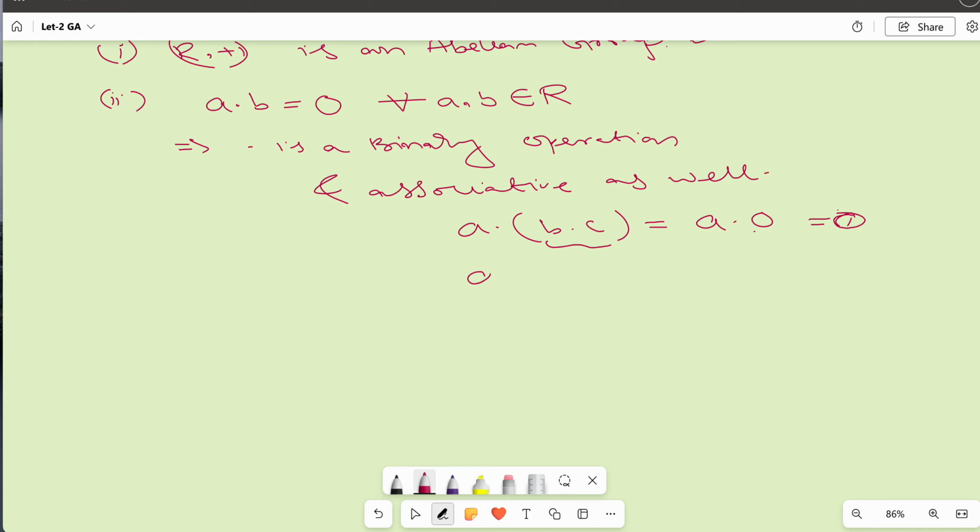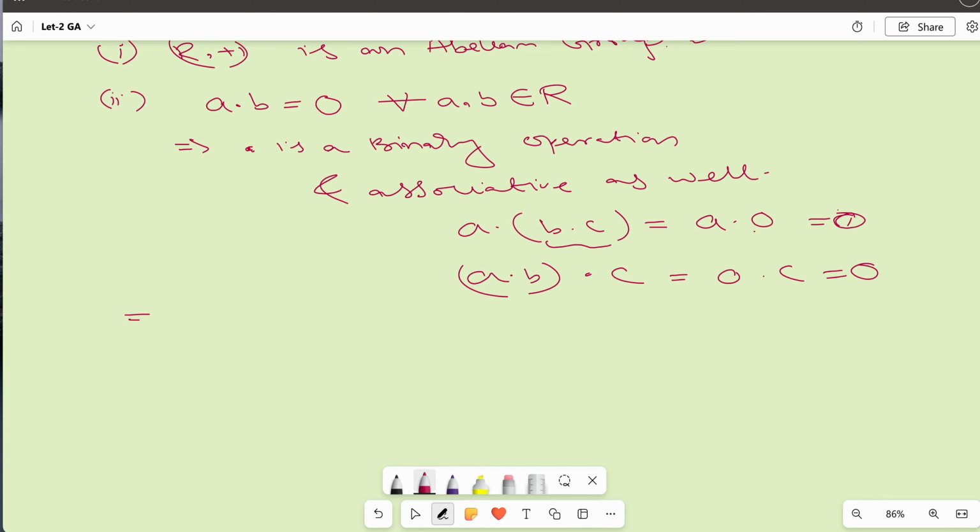And what is A dot B dot C? This is 0 dot C, which equals 0. So this is a binary operation, right? Because 0 is an element of R, for any elements you operate, the result is 0. So this is a binary operation as well as associative.